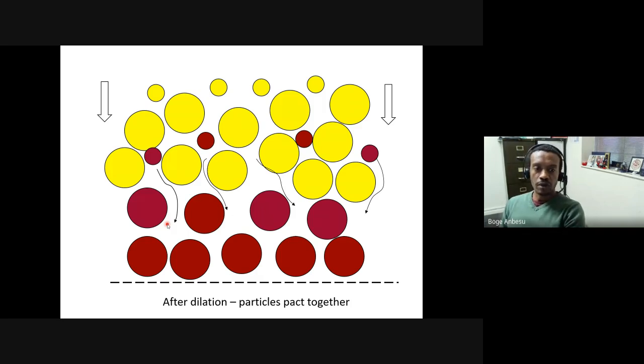Okay, now we applied a pulsating motion, and we have dilated particles after they have been lifted off. Particles that are dense, as I said, will start to fall quicker, and then lighter particles will start to fall after that. But then as particles compact, small dense particles can make their way through the voids between large particles and fall down to the bottom of the separator.